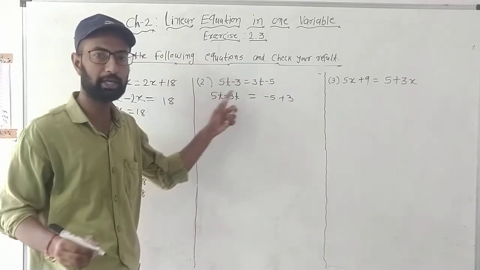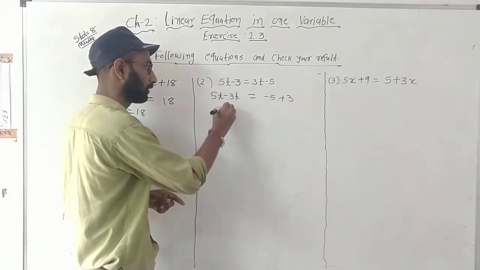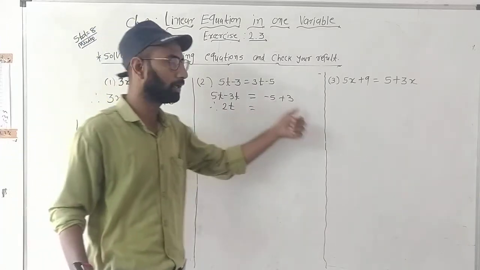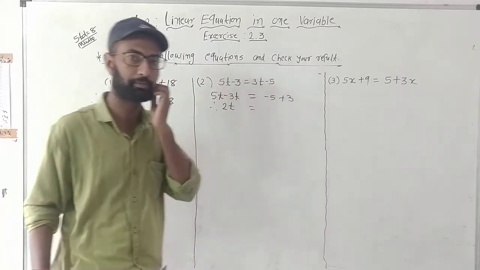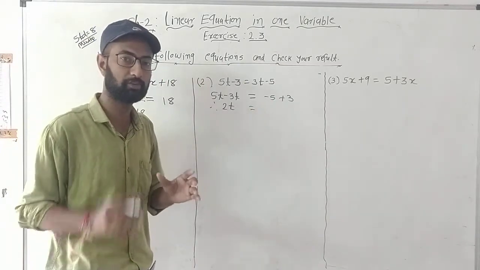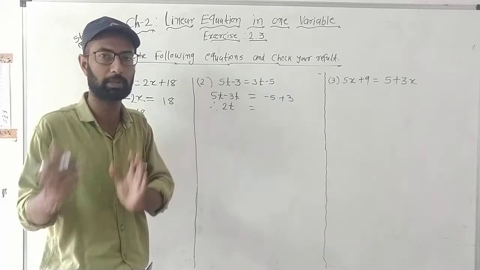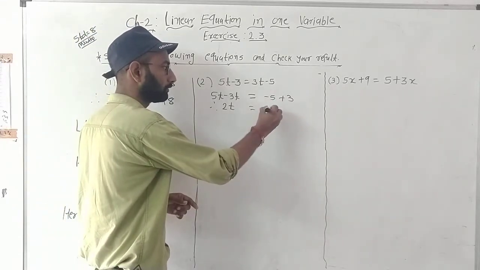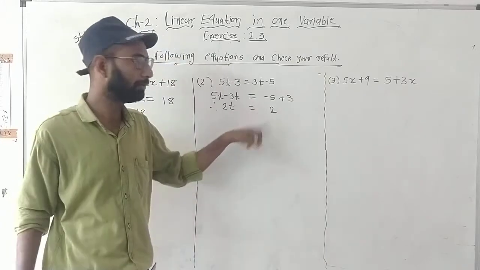Okay, 5t minus 3t is equal to 2t. Minus 5 plus 3. What is minus 5 plus 3? Can you tell me what is minus 5 plus 3? Minus and plus means we need to do the operation of subtraction. 5 minus 3, 2. And the sign will be of the biggest number.